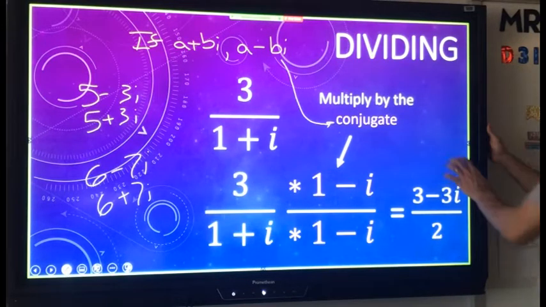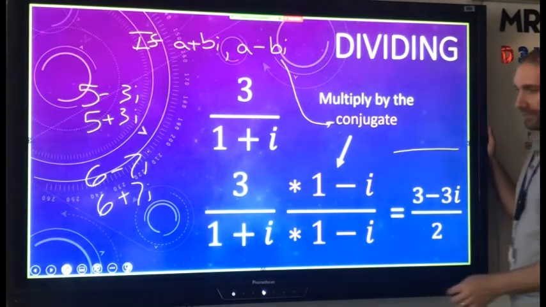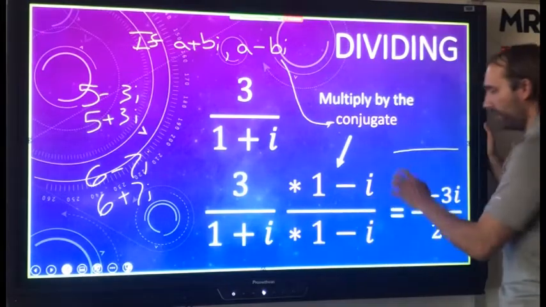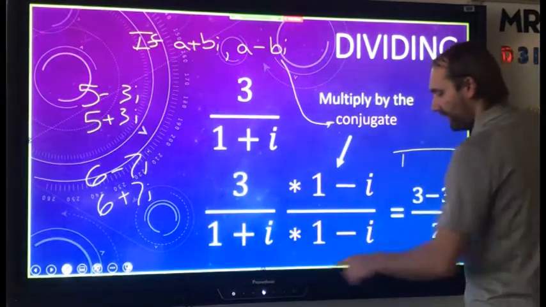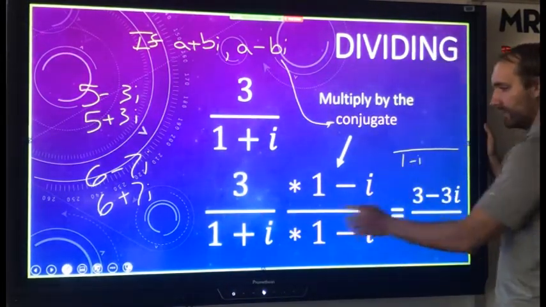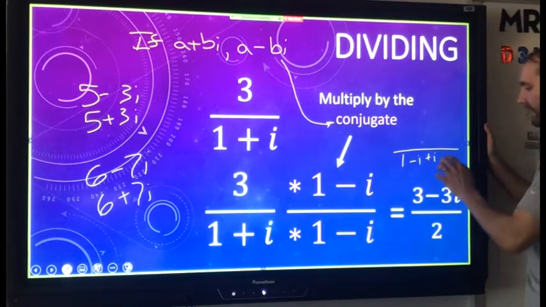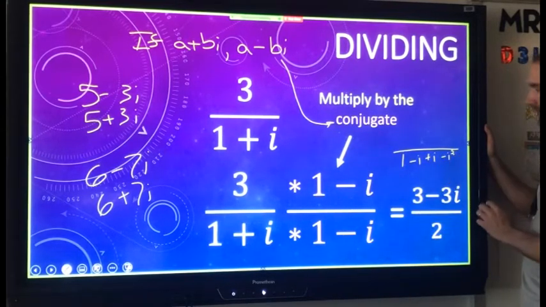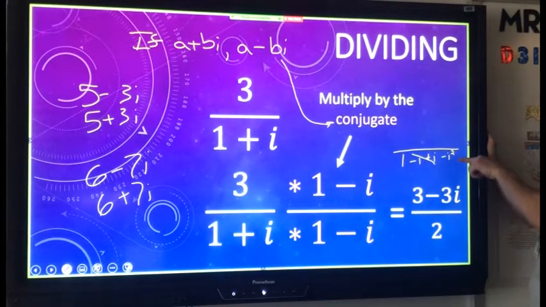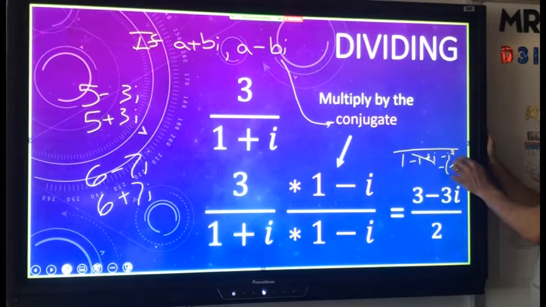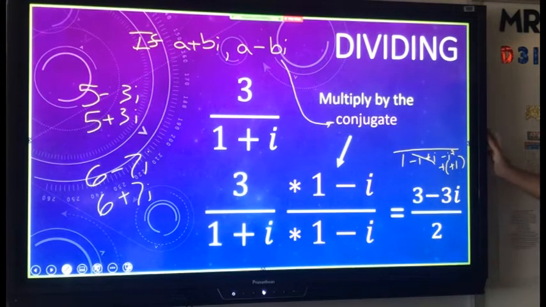Because this is what happens. I get 1 times 1, which is 1. 1 times negative i, which is negative i. i times 1, which is plus i. And i times negative i is negative i squared. Note that my i's cancel here. And what's i squared? Negative 1. Two negatives here makes a positive, so that's where I get my 1 plus 1 is 2.